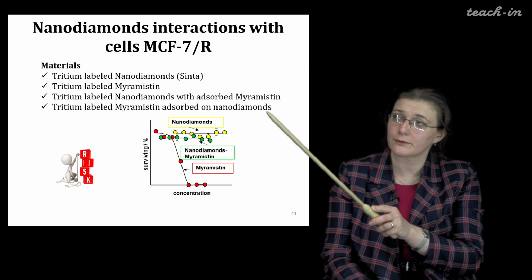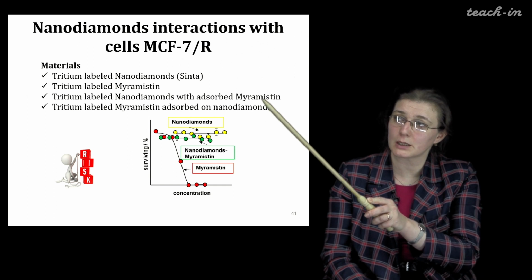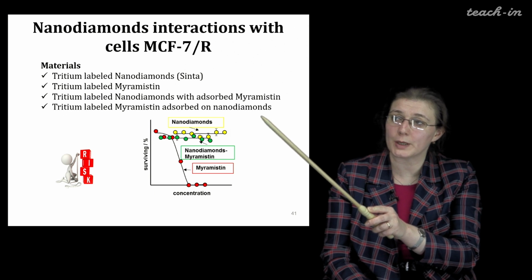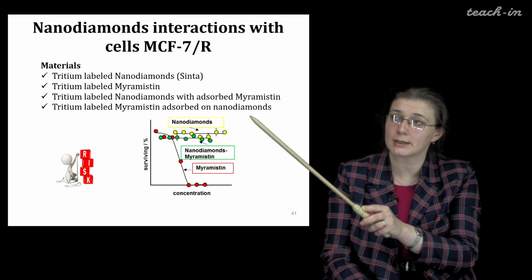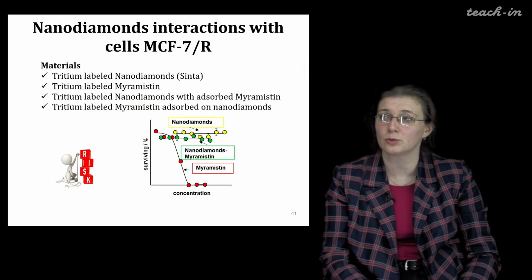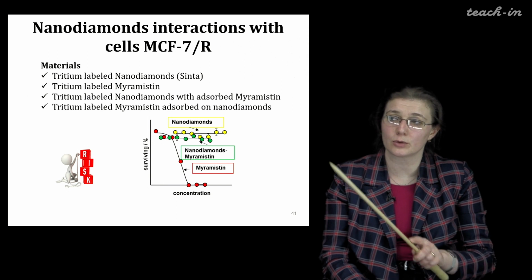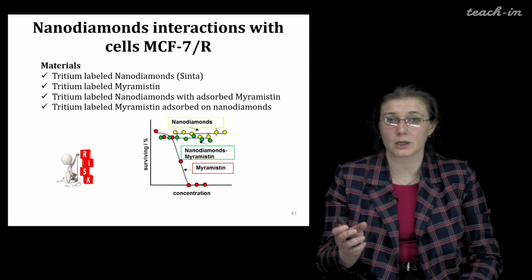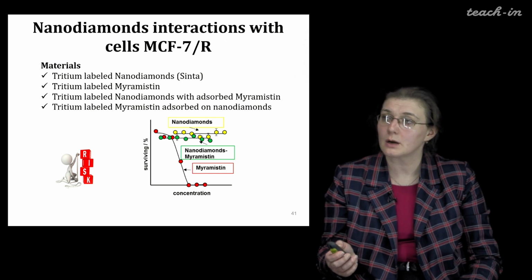And if we have labeled nanodiamond, labeled drug, and a labeled complex in which the label is accumulated in the nanodiamond or in the drug molecule, we can follow the behavior of the complex as a whole.